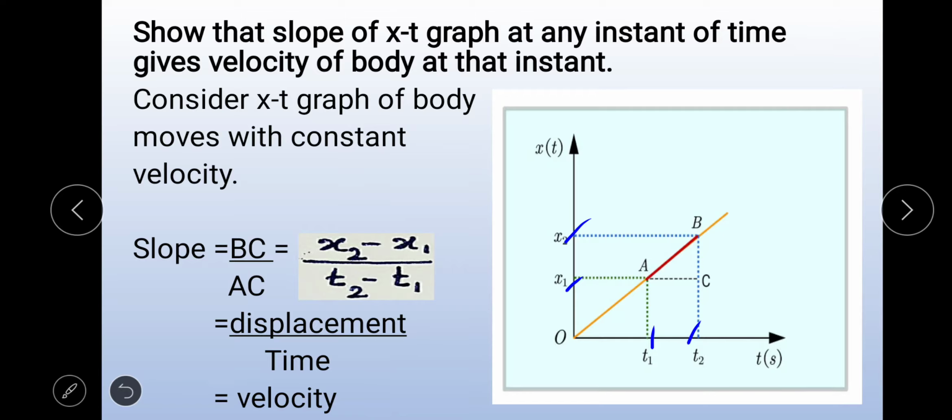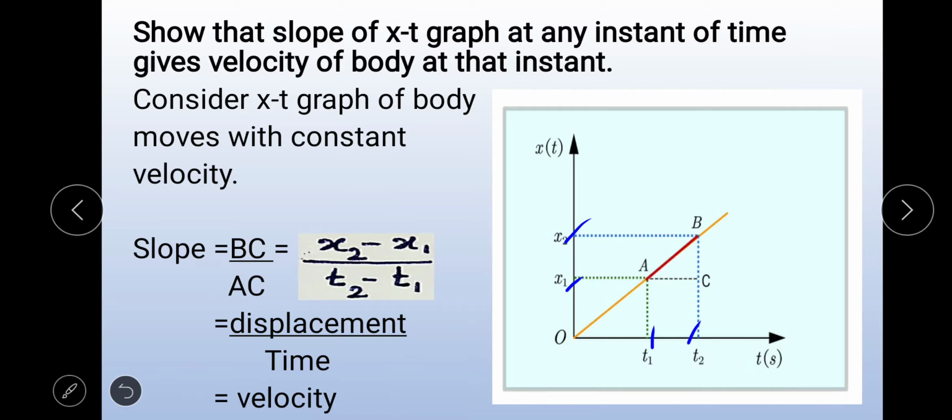So here a triangle is formed ABC. So slope equal to BC by AC. According to graph, BC equal to x2 minus x1 and AC equal to t2 minus t1. Here x2 minus x1 is change in position of the body, called displacement.